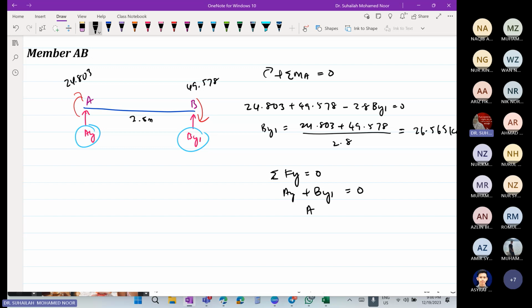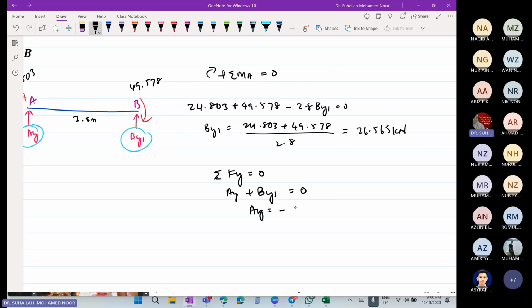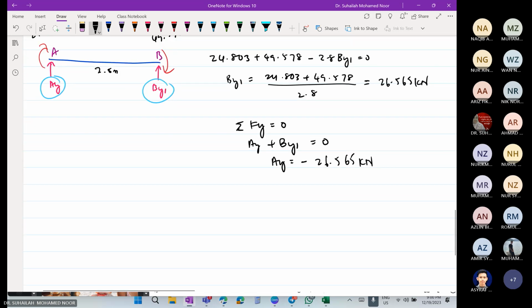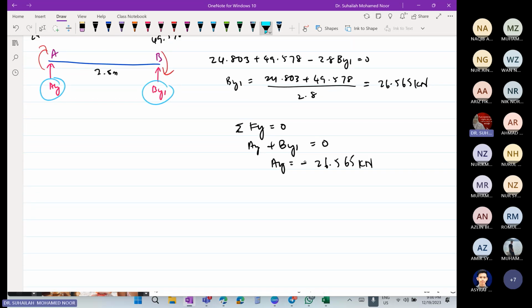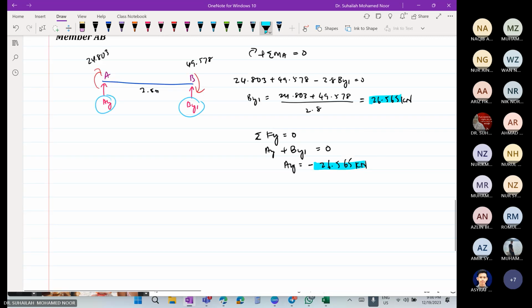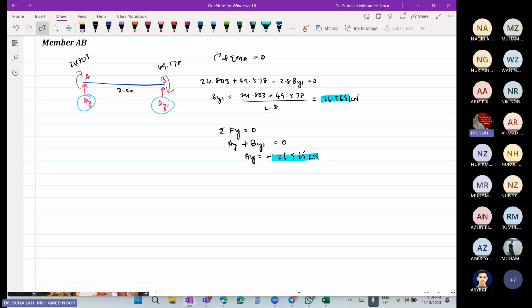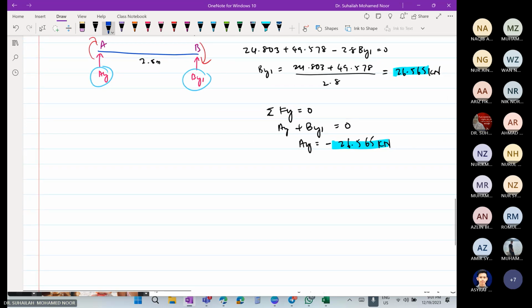So AY, we get negative 26.565. So one negative, one positive. So for the shear force, it is negative.